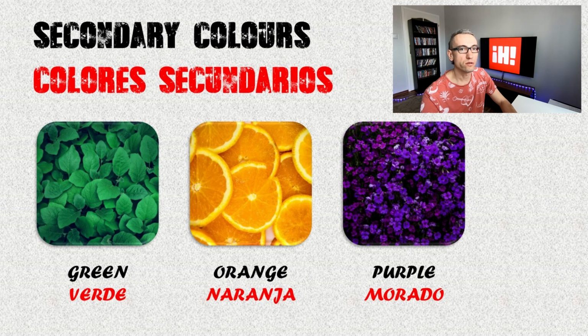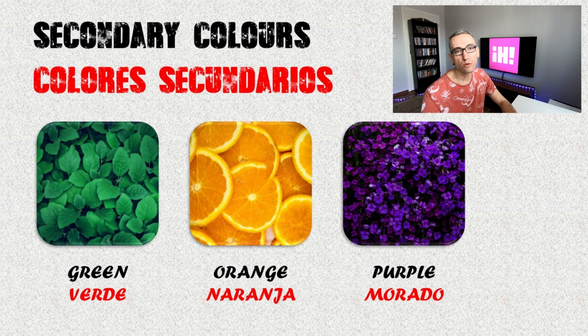Now let's go to secondary colors. Colores secundarios. We have green, orange, and purple. And in Spanish it will be verde, green, naranja, orange, y morado, purple.